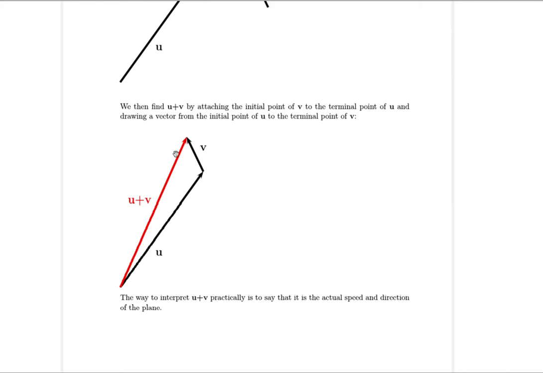Because some of the wind is heading in the same direction the plane was going anyway, it makes sense that the plane's going a little faster, but it also knocks it off course a little bit, so it changes the direction that the plane is actually going.